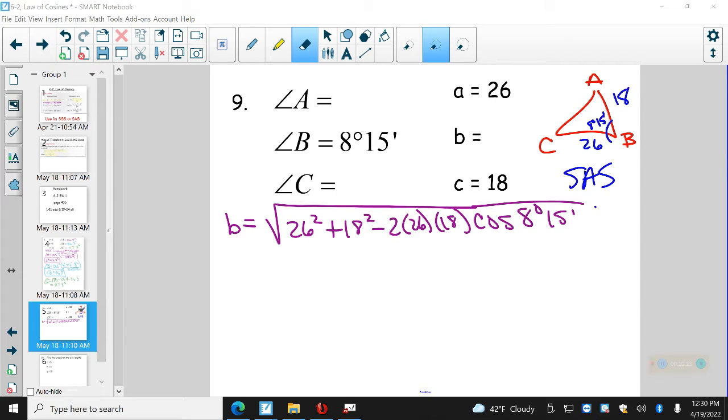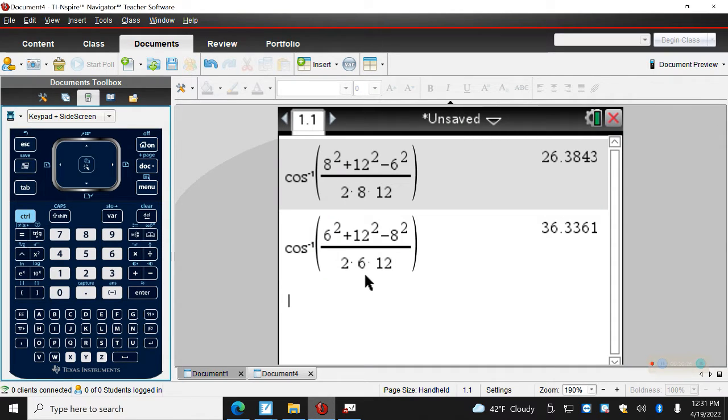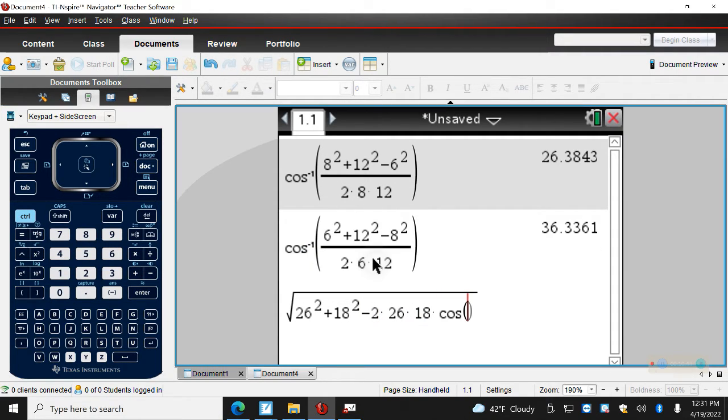Now again, Desmos does not do degrees, minutes, and seconds, so either use the TI-84 app on your calculator or on your cell phone, or use the graphing calculator. If you're in class, grab the graphing calculator. Can I take one home? No. Okay, so the square root: this is going to be 26 squared plus 18 squared minus 2 times 26 times 18 times the cosine.